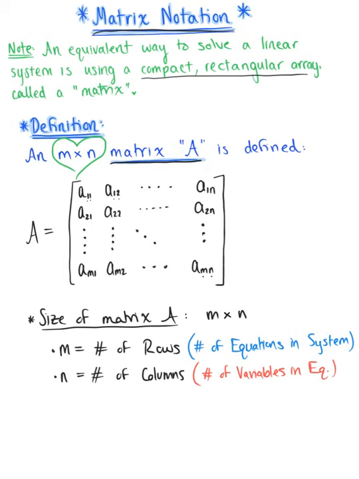So if we look back up at our matrix, we can see the correlation to the variables. So if we're thinking here about column number 1, this is associated with variable x sub 1. If we think about column number 2, this is associated with the variable x sub 2. And we continue all the way to get to your very last column here. And this last column is associated with the variable x sub n.